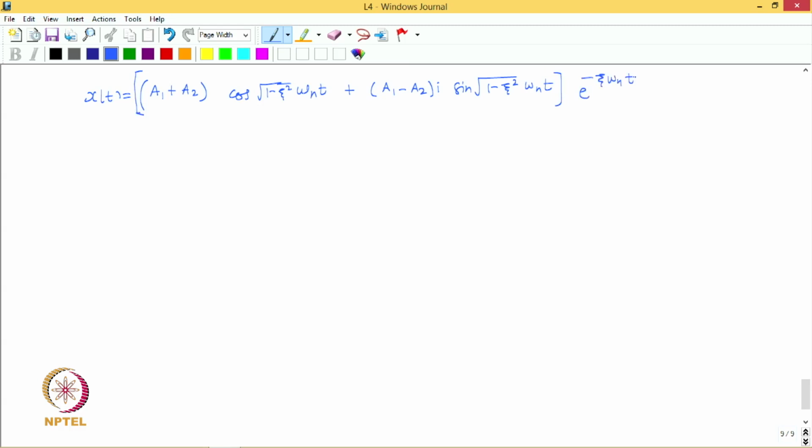Let us check whether it is correct. e to the power i theta was cos theta plus i sin theta, so it looks right.